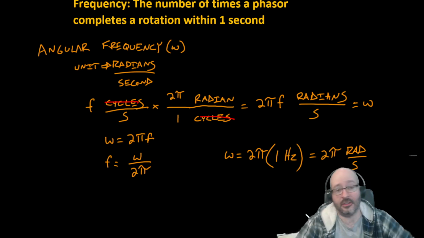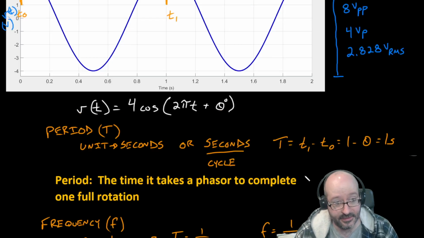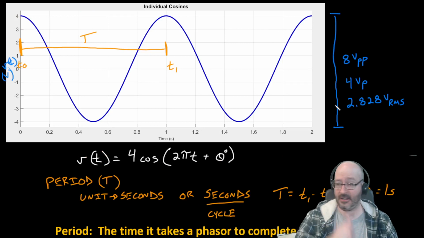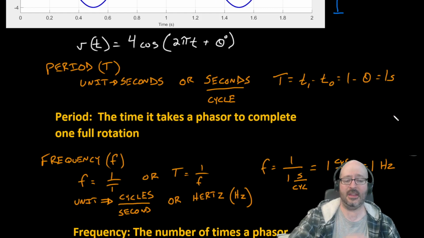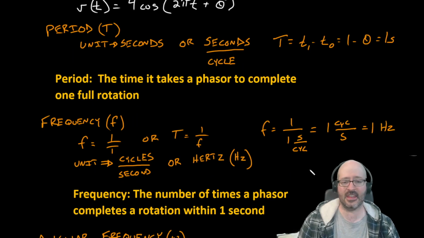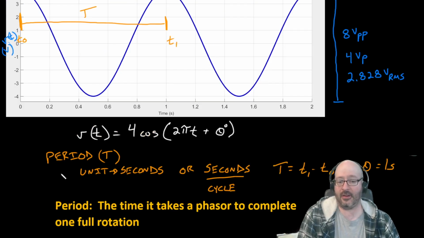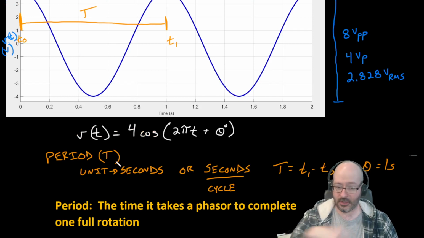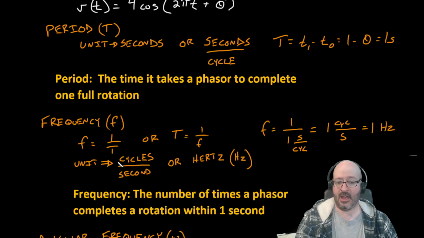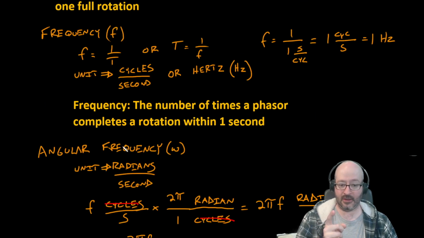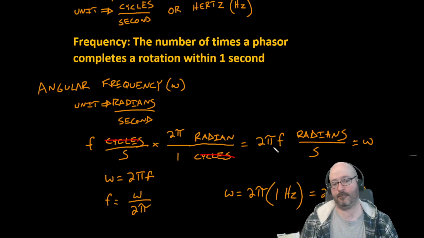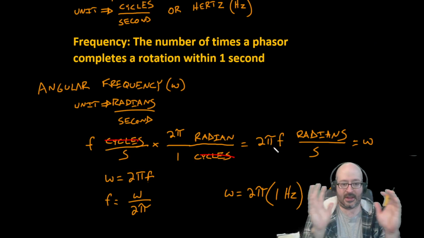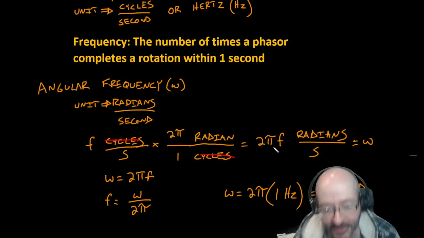So we have the vertical scale in volts peak to peak, volts peak, or VRMS. And now that we understand that this is a thing spinning around, we can talk about how long it takes to make one complete rotation, how many times it completes a rotation in 1 second, and also how many radians it moves through in 1 second. Those all give us some idea of how we're going to stretch it horizontally.